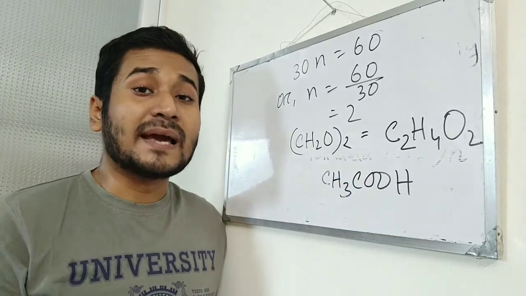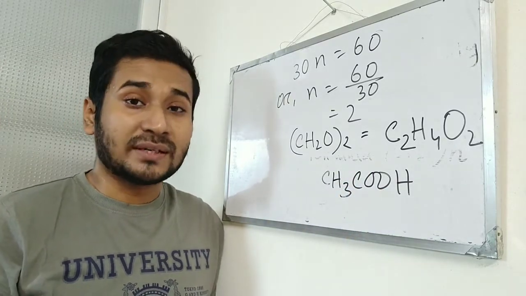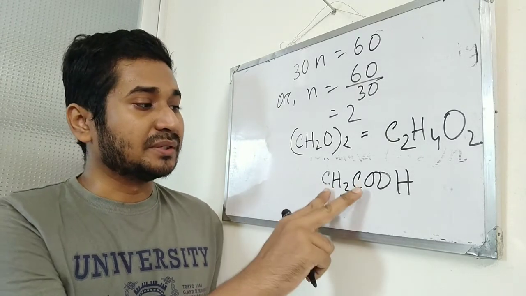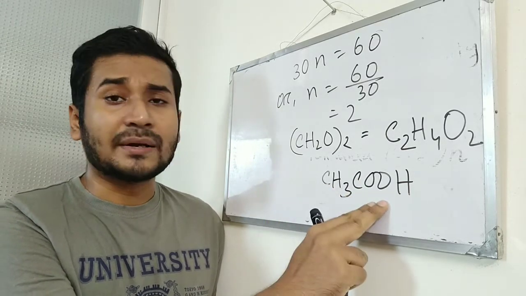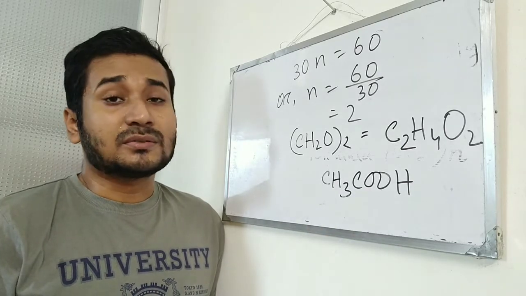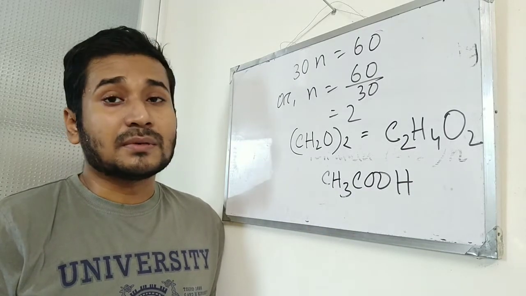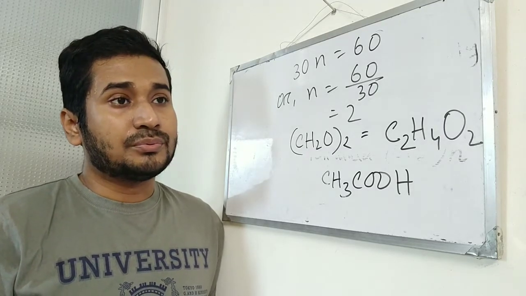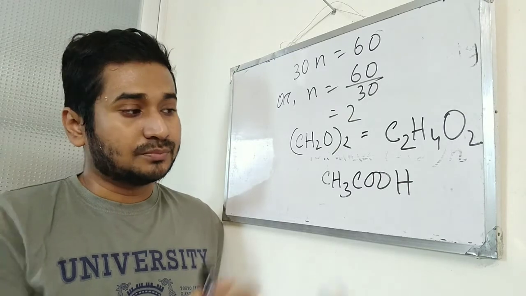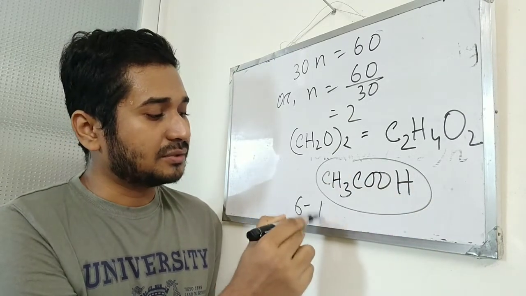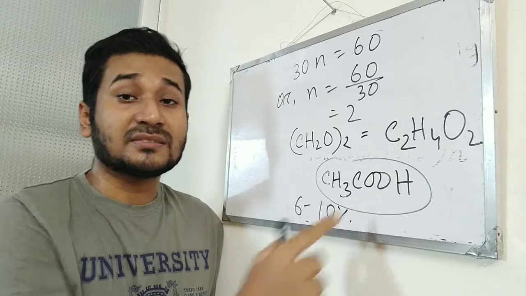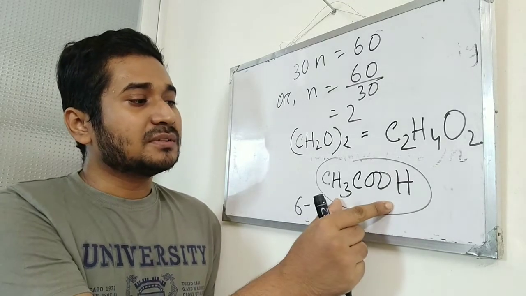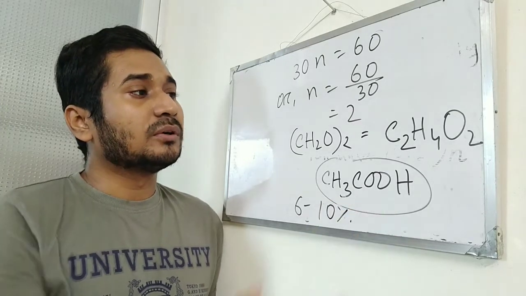So this is called acetic acid or ethanoic acid, and it's an organic acid actually, because it naturally contains carbon and hydrogen. This is also called a hydrocarbon compound. A 6 to 10% solution of this acid is called vinegar. You know about vinegar. Whatever, this is the formula of ethanoic acid or acetic acid.